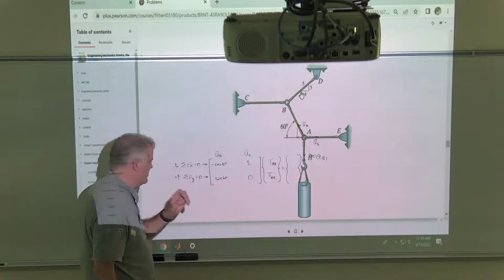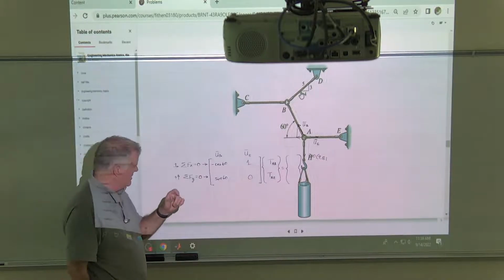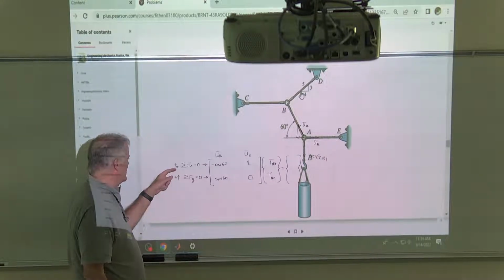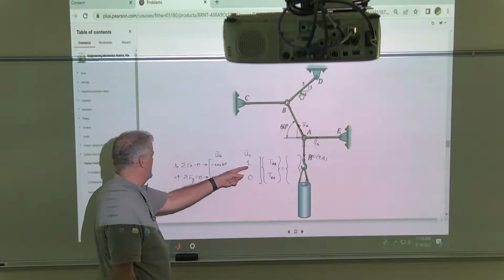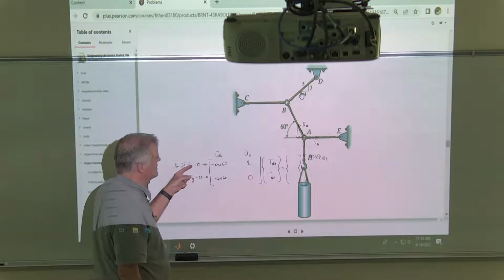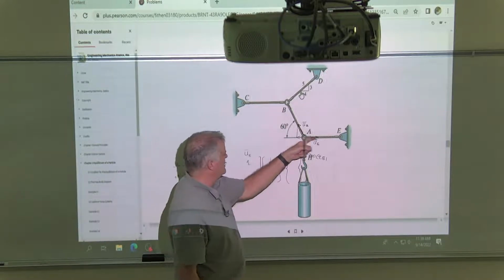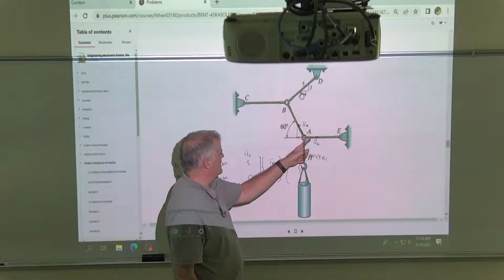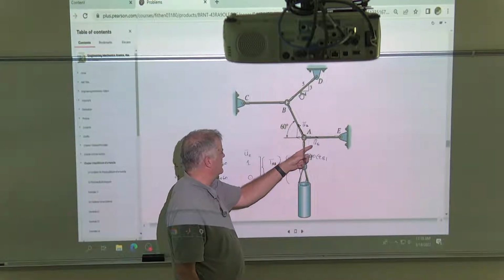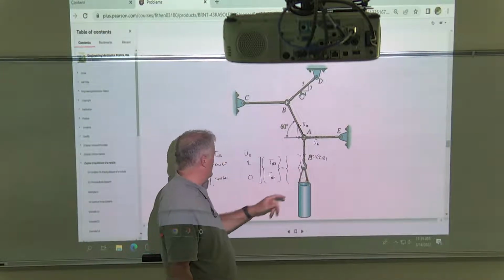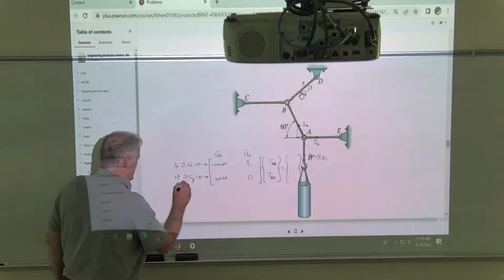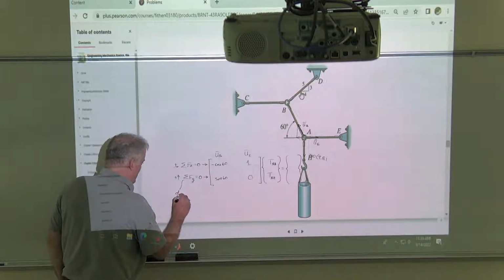Okay, so here's the thought process there. I had sum of the forces in the X. Were there any external forces besides this one and this one in the sum of the forces in the X? There was this one pulling this way, this one pulling back. This force has to offset this one. That's it. But there is an external force here. On this one, it's going down.